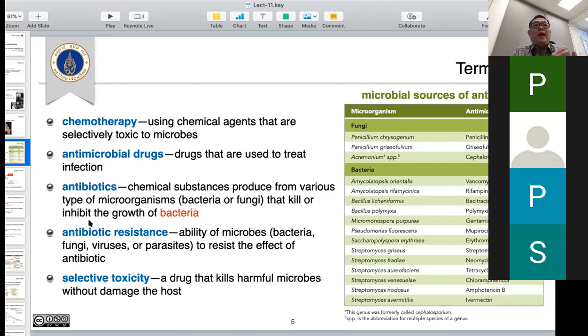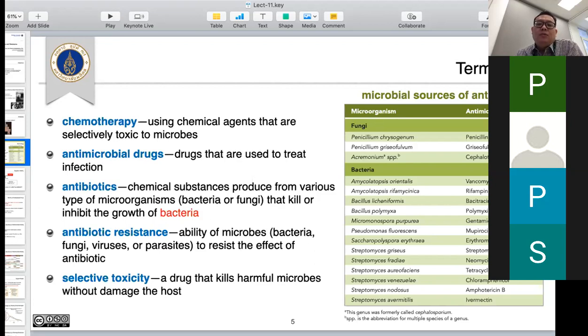Once we use a drug or antibiotic to kill bacteria, bacteria also develop some weapon or mechanism to fight back against the drug. That's called antibiotic resistance. Antibiotic resistance refers to the ability of bacteria to resist, to not be affected by the antibiotic.